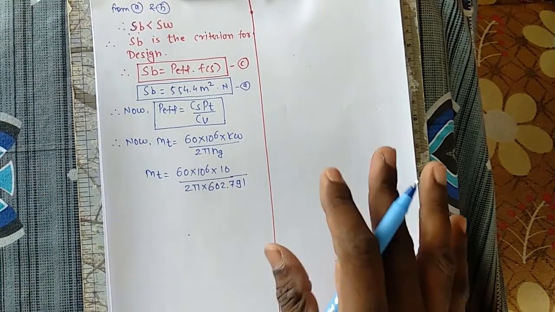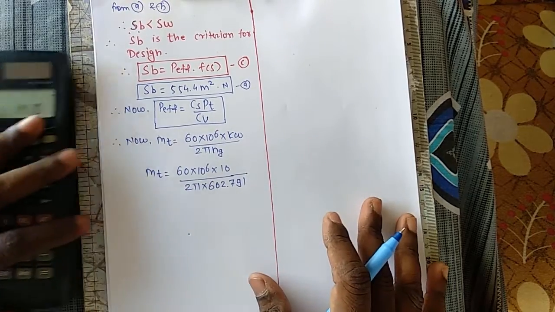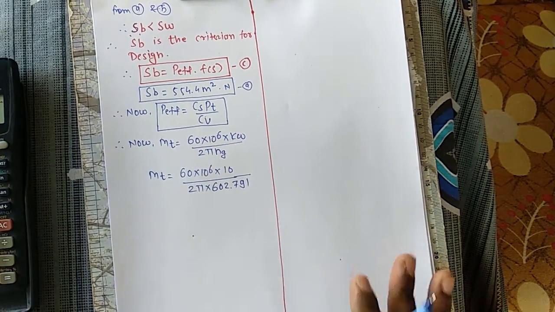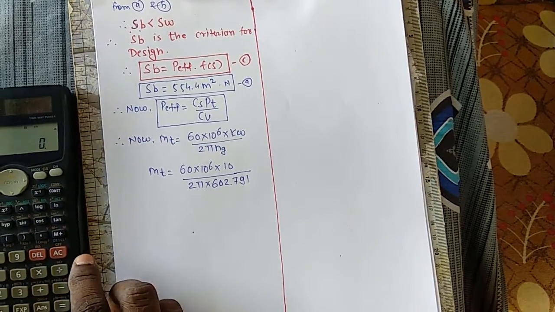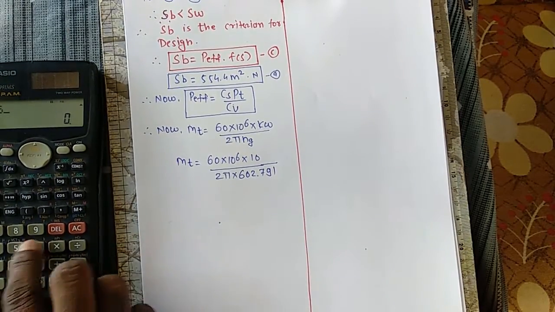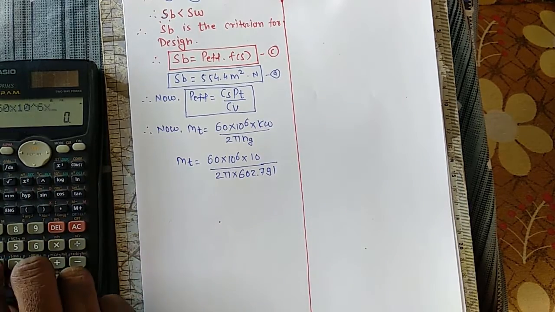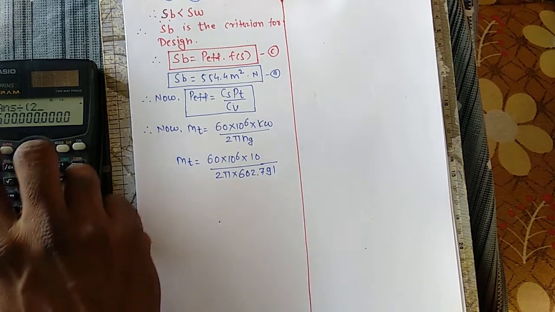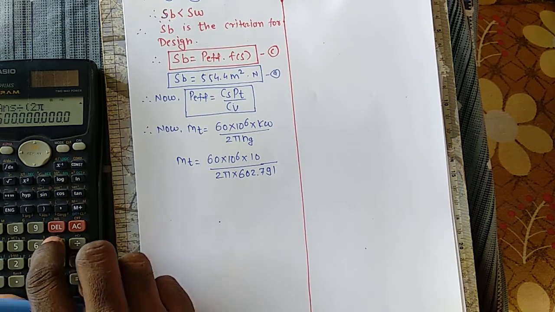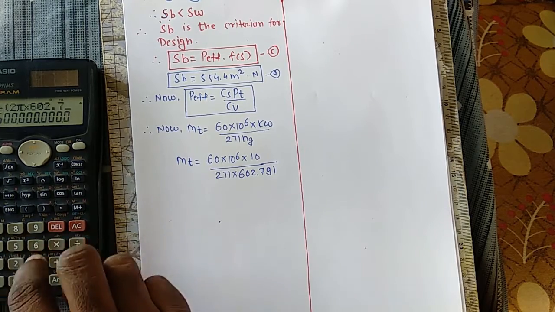In case of calculation, your answer may vary slightly. So that's not the issue. Don't worry about that. Just concentrate on the process. So I will be calculating the value of MT: 60 into 10 raised to 6 into 10, divided by 2 pi into 602.791.